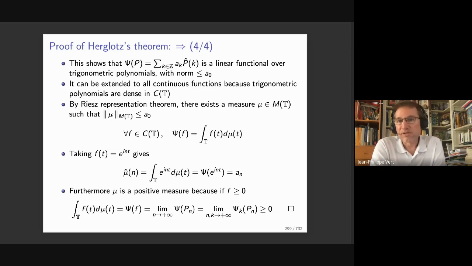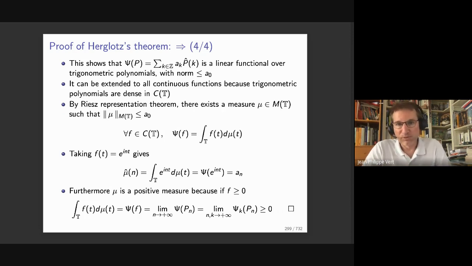Now the question is, is it the mu we are looking for, in the sense that is the Fourier transform of this mu equal to A, and is it positive? And the answer to both questions is yes, and it's not a surprise. So to check that the Fourier transform of mu is equal to A, we just compute the Fourier transform.